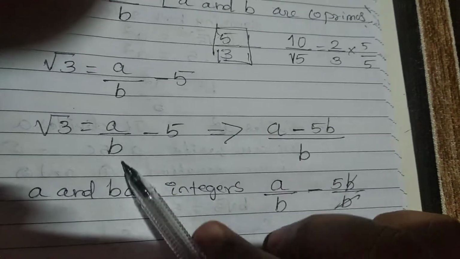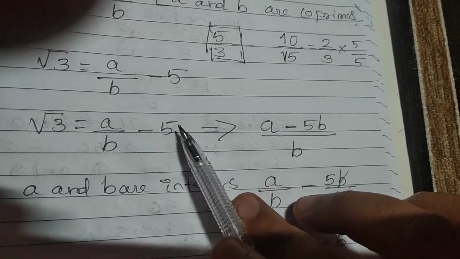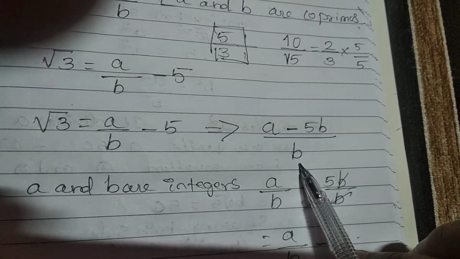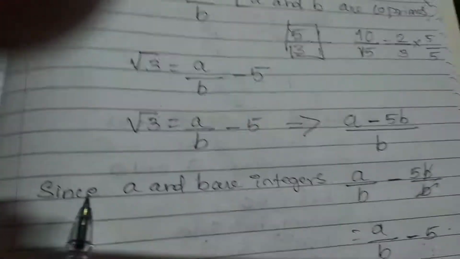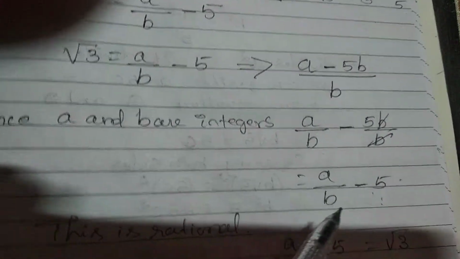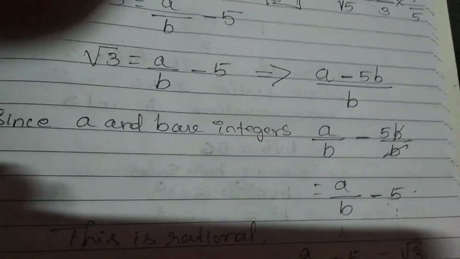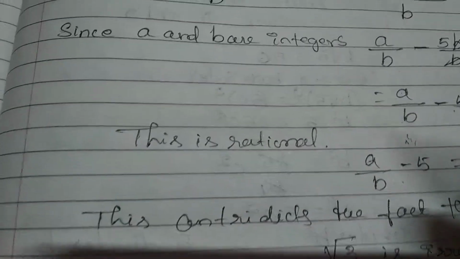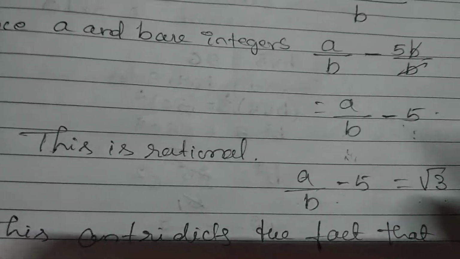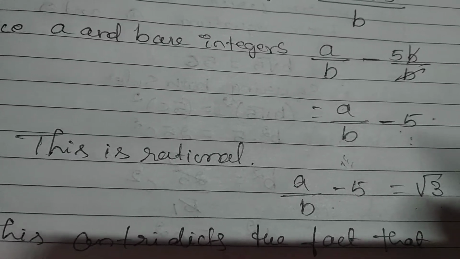Take LCM here, b. Since a and b are integers, we can say that this is rational. So a by b minus 5 becomes rational.